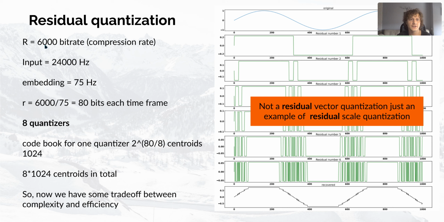We have exactly the same setup as before. We have 6K bitrate, we have 24 kHz, and embedding after compression of 75 Hz, right? So we computed previously that we would need 80 bits for each time frame, but right now we have 8 quantizers. And having 8 quantizers, for one quantizer we would require only 2 to the power of 8 centroids, which is 1024. And right now, once we have 8 quantizers, we need only 8 multiplied by 1024 centroids in total.